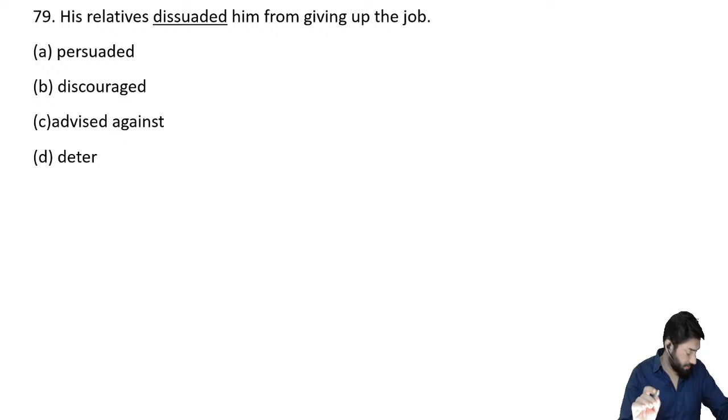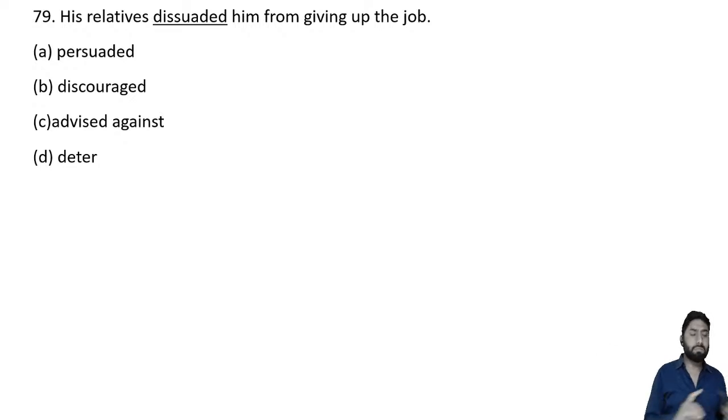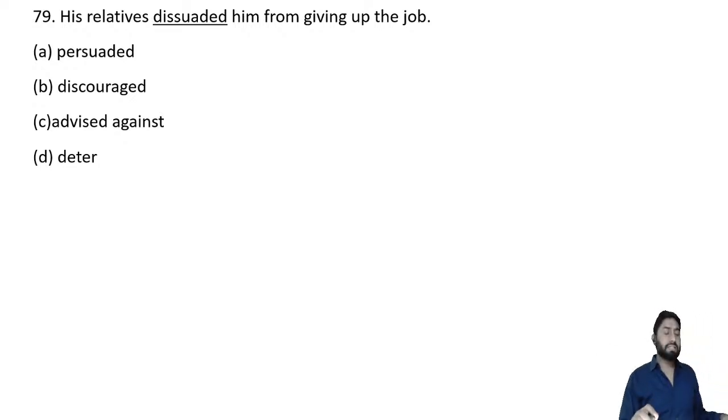ऑप्शन चेक लेते हैं सही टाइप्ड है कि नहीं. Dissuaded में ऑप्शंस हैं persuaded, discouraged, advised against and deterred. तो मुझे पता है dissuade करना, to convince someone, to stop something, persuade someone, that's all this to anyway. So dissuade, stop somebody, persuade, to convince someone, that's what it is.